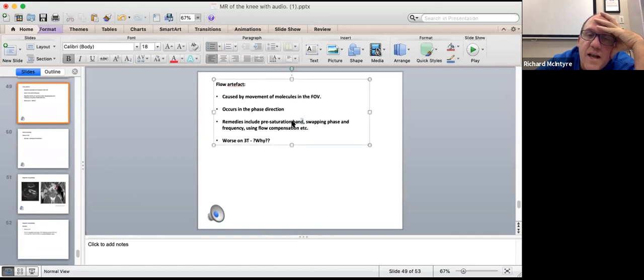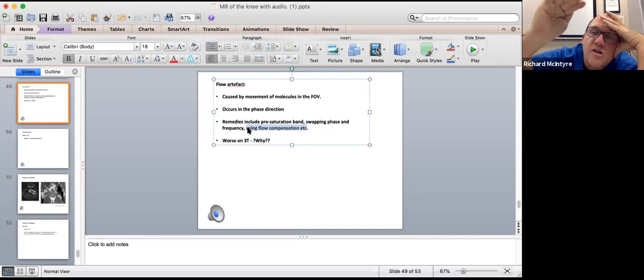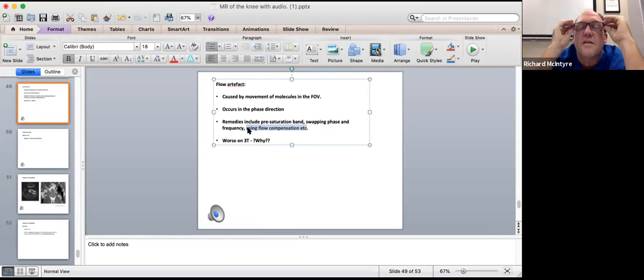We can use a pre-saturation band, so we null the signal from those pulses, and we can swap the phase and the frequency direction. We can also use what's called flow compensation, which is changing the gradients along the line of that flow, or in the direction of the flow, so it cancels it out. It's worse on 3T because we get more signal from everything.